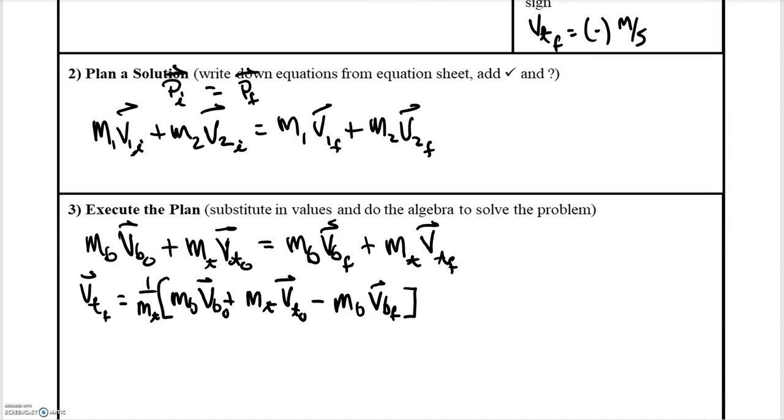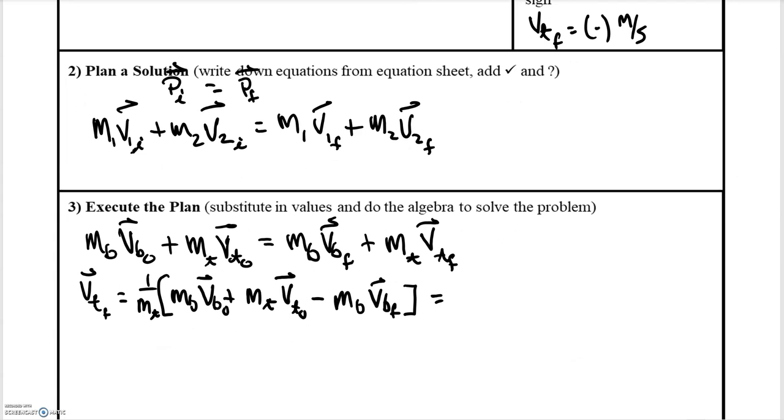And we can rearrange that a little neater. I'm going to multiply through the mass of the target. I'm going to be left with the mass of the bullet over the mass of the target times the initial velocity of the bullet minus the final velocity of the bullet plus the initial velocity of the target.